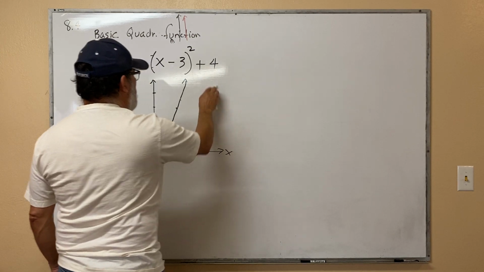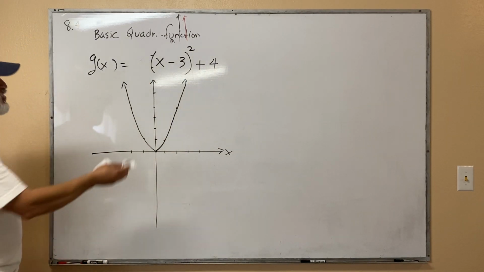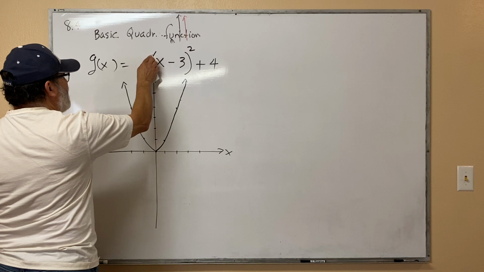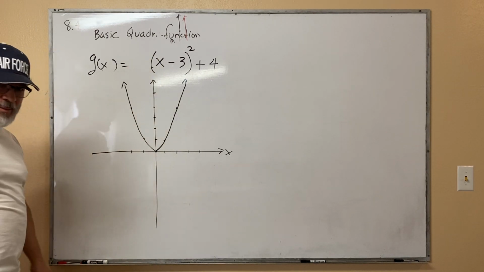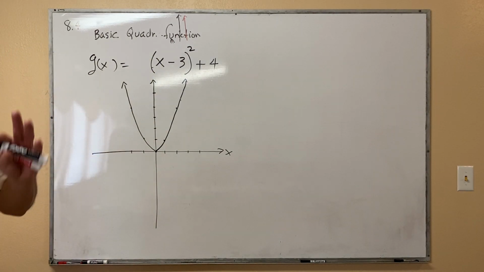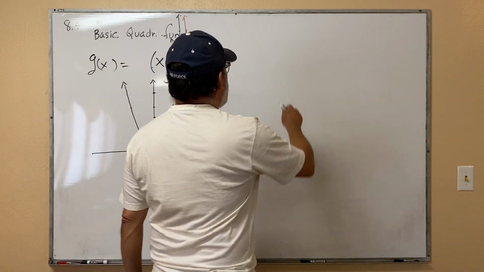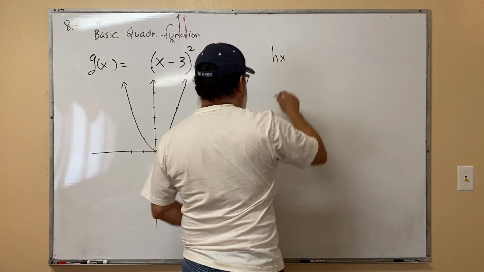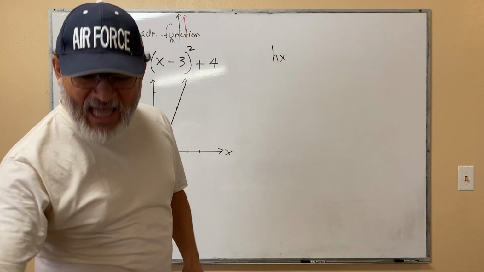So we just did this one. Let's do another one so that we can understand. Okay? Here's another one. Look at this other one. H of x. Let me do this one in red. How's that?